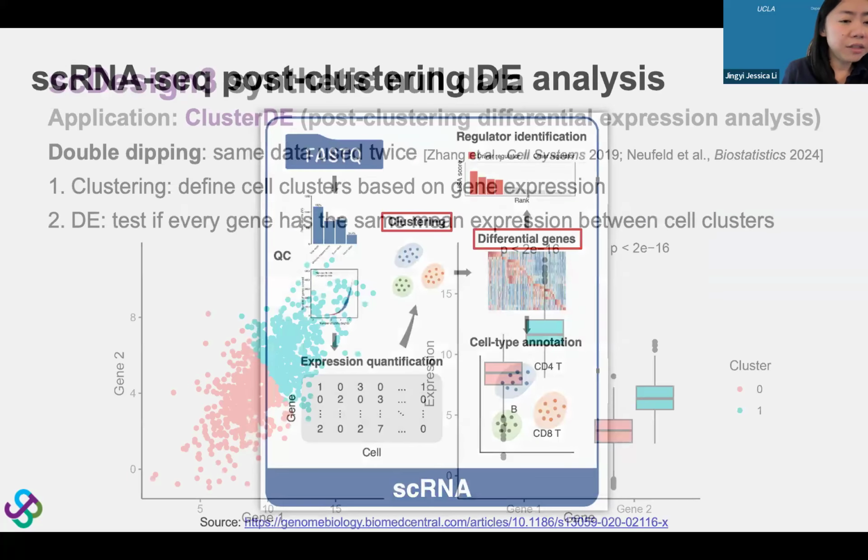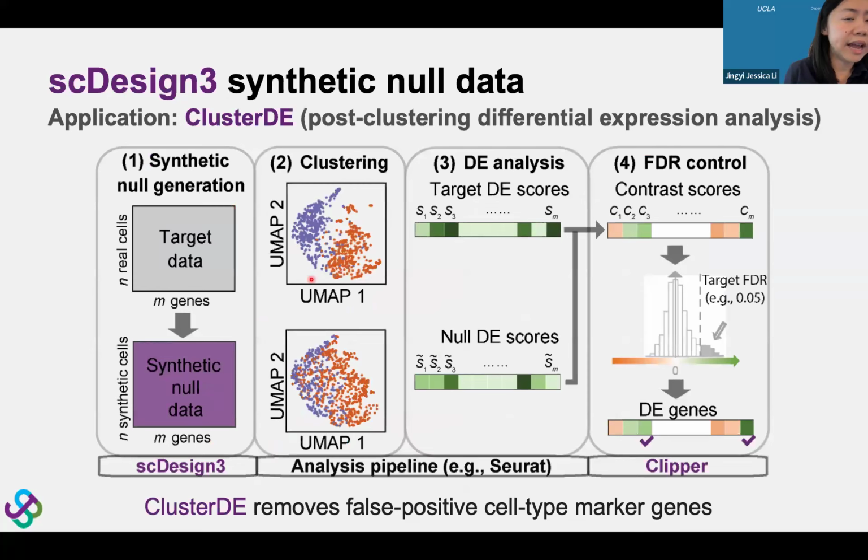The key thing I hope to achieve is that this idea can be applied to however complicated the pipeline is, because when we talk about FDR control, we consider the whole pipeline, not just the final statistical test.